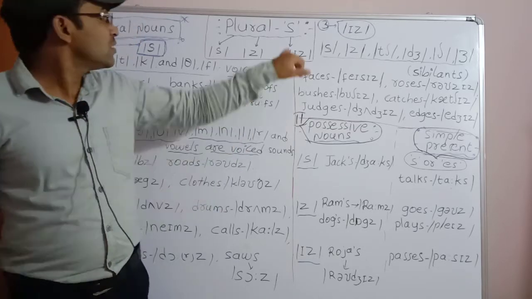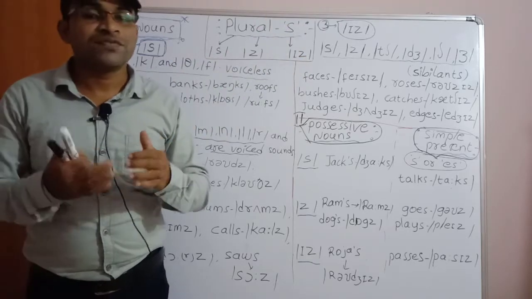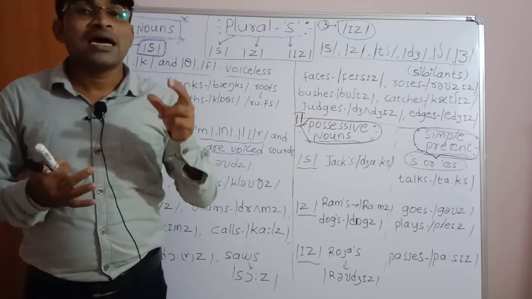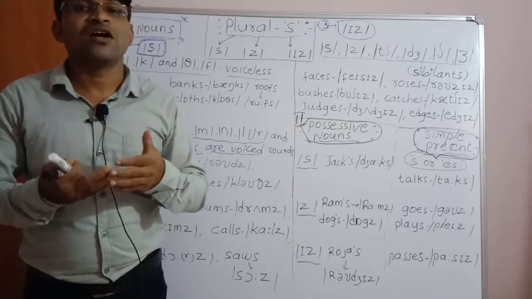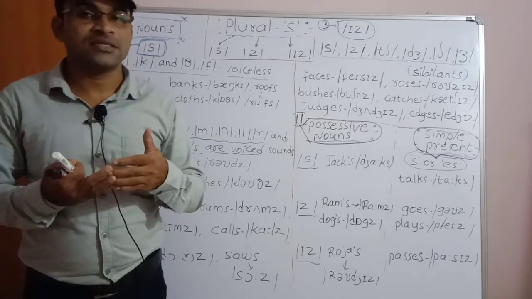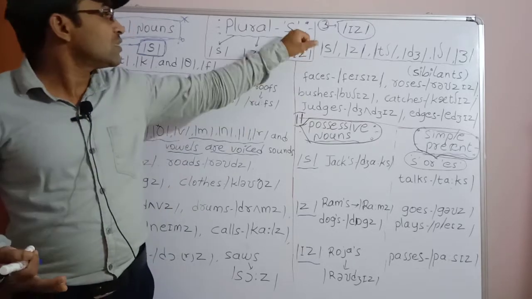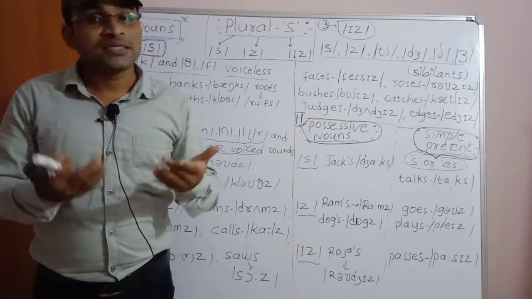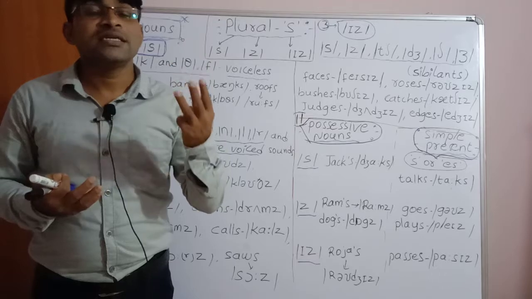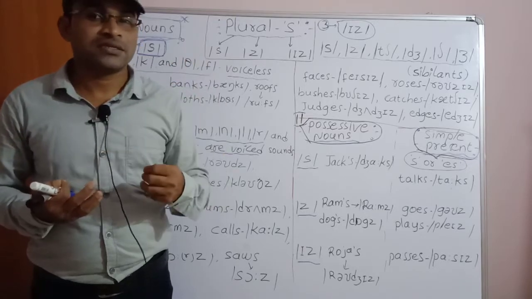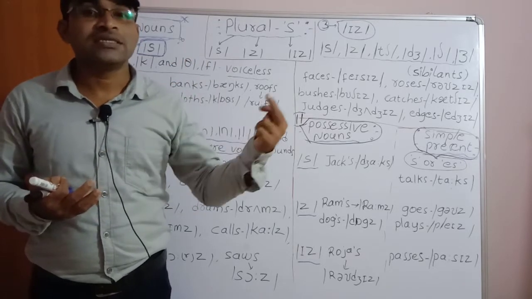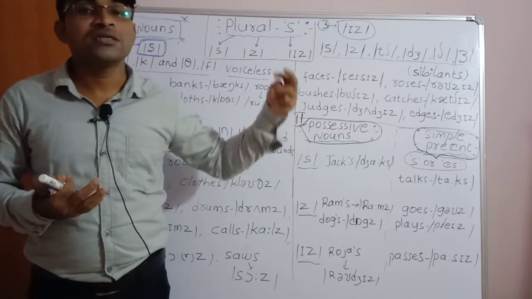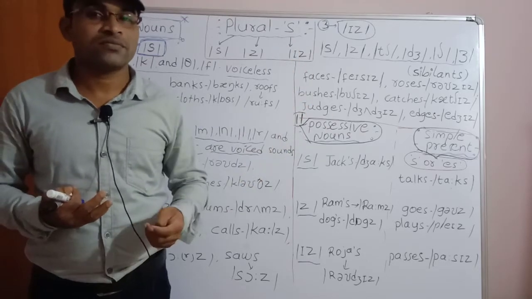But the suffix s has three forms in pronunciation. The suffix s is pronounced in three different ways when it is added to the singular nouns.